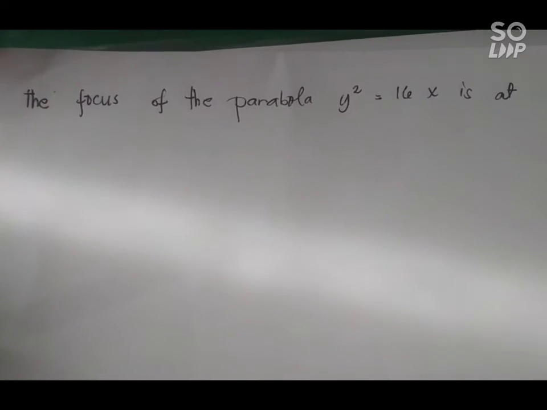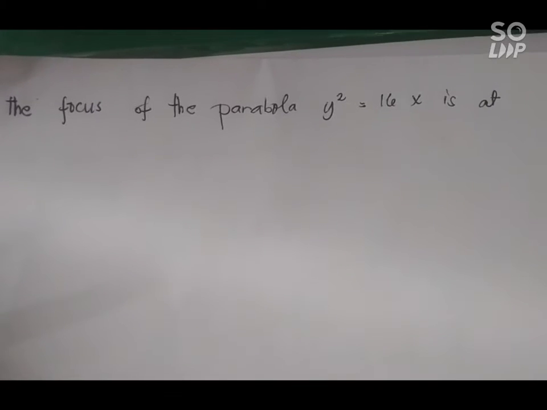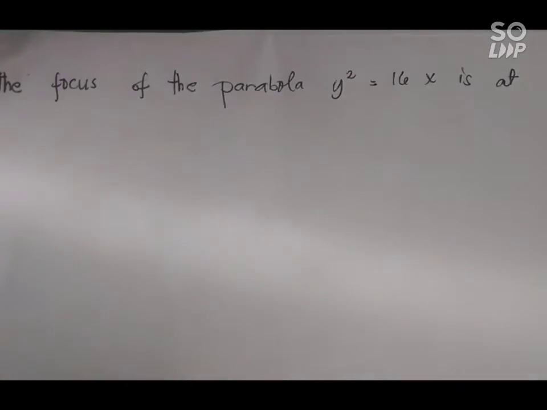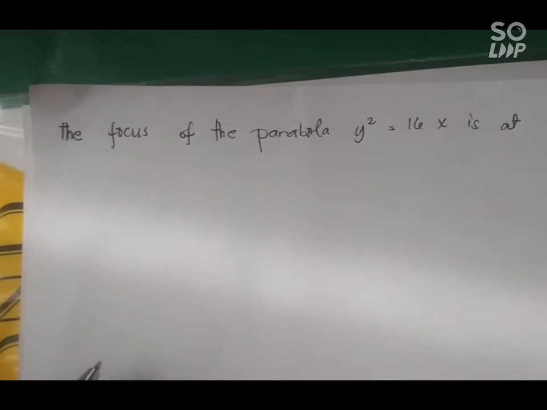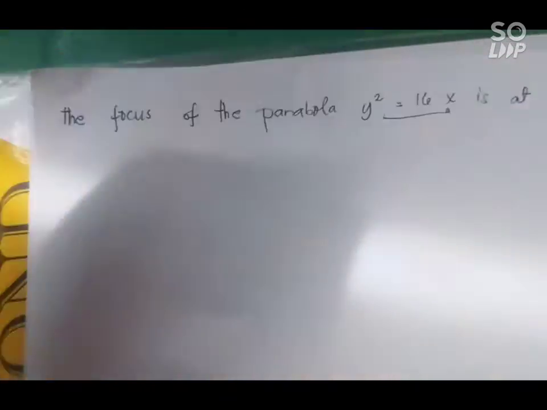So example, the focus of the parabola y squared equals 16x is at, so sa imo na sa ato na matikdan is ang given is ang equation, so which is nasa standard equation siya.